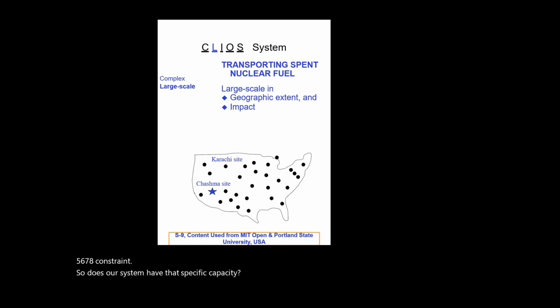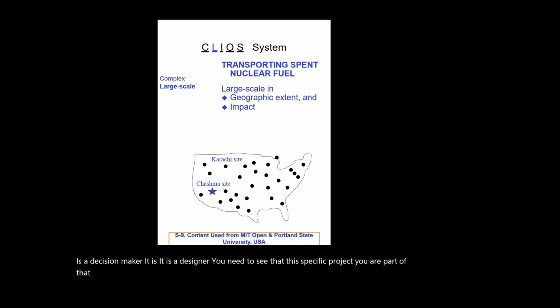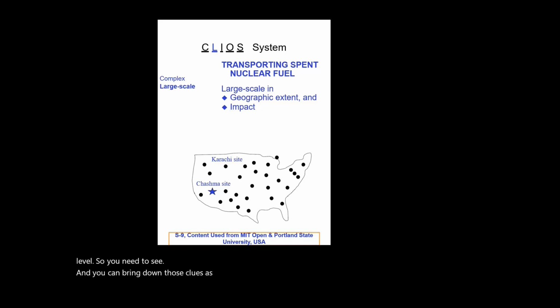It's the decision maker, the designer, who needs to see that the specific project you are part of will serve at a national level, a federal level, a state level, a city level, or a community level. You can bring down those clues according to the design parameters.